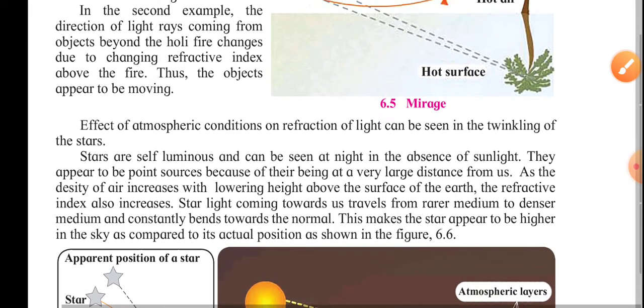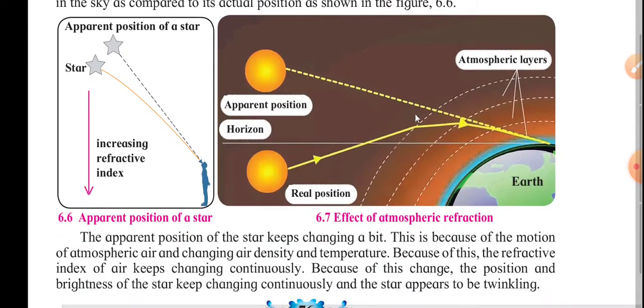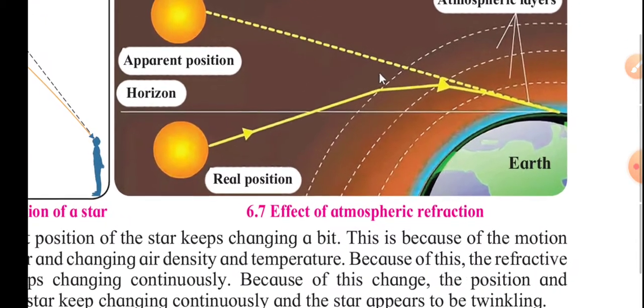The next thing we have to study is the mirage. Mirage is also a similar concept, which we have already discussed with the flame. Further, an effect of atmospheric refraction is early sunrise and delayed sunset. Here see what exactly is happening.